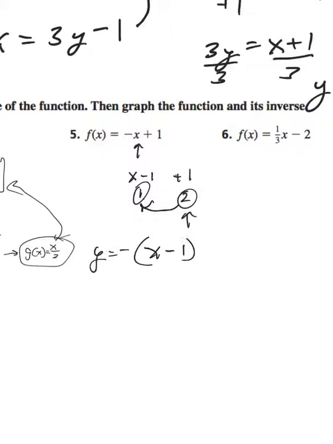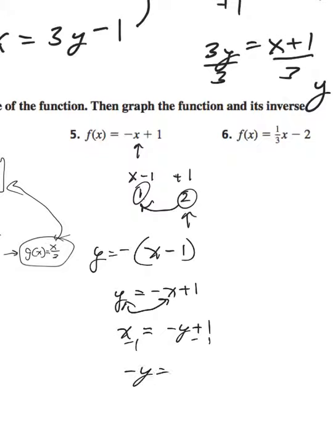Okay. So I would imagine that you guys probably don't like that process, so let's go ahead and do it the easier way, where you go y equals negative x plus 1. Maybe some of you like that. And then we're just going to switch the x value with the y value and solve for y. So we get x equals negative y plus 1. Subtract 1 from both sides.